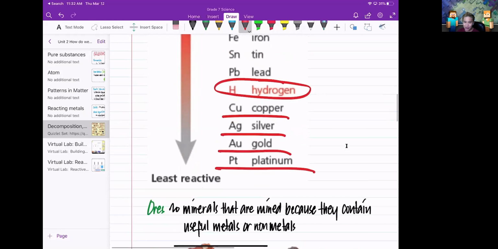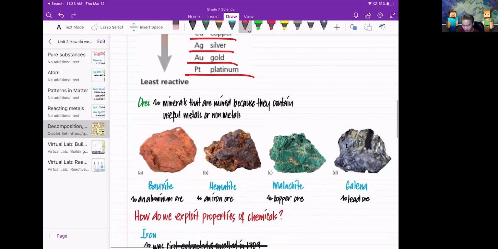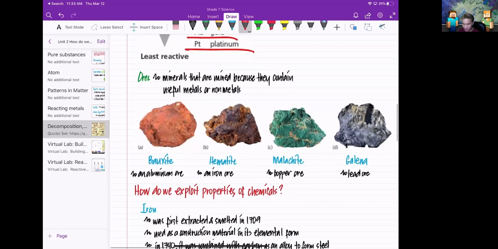Now, many metals are found in compounds they form with other substances as ores. What are these ores? Ores are minerals that are mined because they contain useful metals or non-metals. So we have here four examples of ores. We have bauxite, hematite, malachite, and galena.